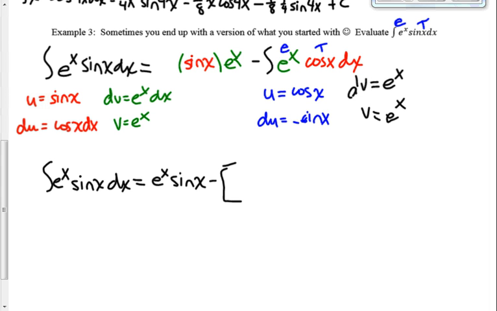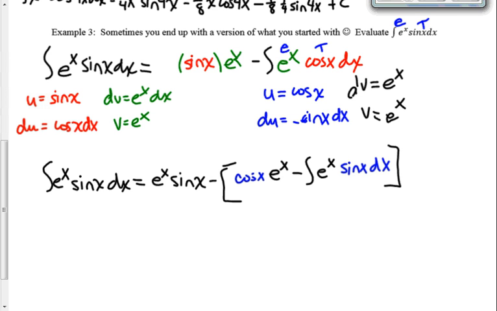And that is going to be u times v, so cosine of x times e to the x minus the integration of v du, and v is e to the x, and du, again I forgot my dx, is sine of x dx. So at this point, I need to distribute this negative. That's the first thing I really need to do.